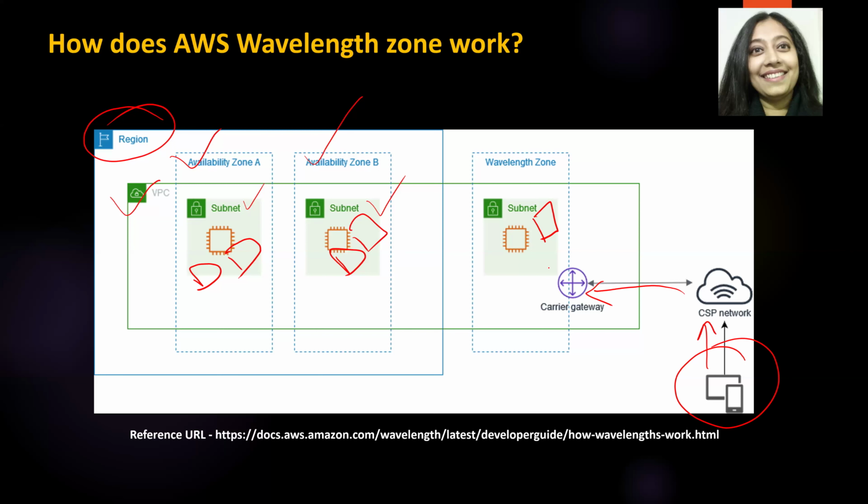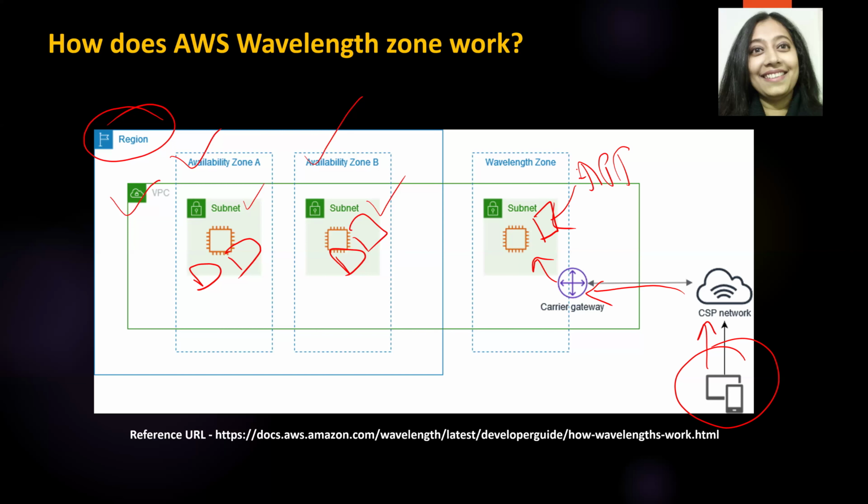And via this carrier gateway, it essentially communicates with your Wavelength Zone, and then it communicates with the Wavelength infrastructure, that is your EC2 instances. And in turn, it can now communicate with your application running on this EC2 instance.